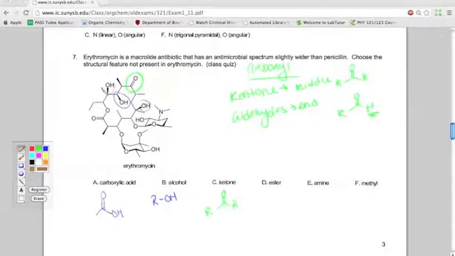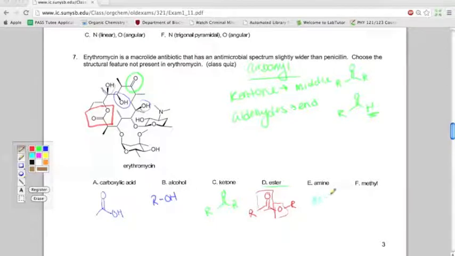An ester is a combination of two different molecules. It's an ether and a carbonyl, so it looks like this. So here is your carbonyl and here is your ether, and we have a molecule like that right over here. An amine, remember not to confuse an amine with an amide.